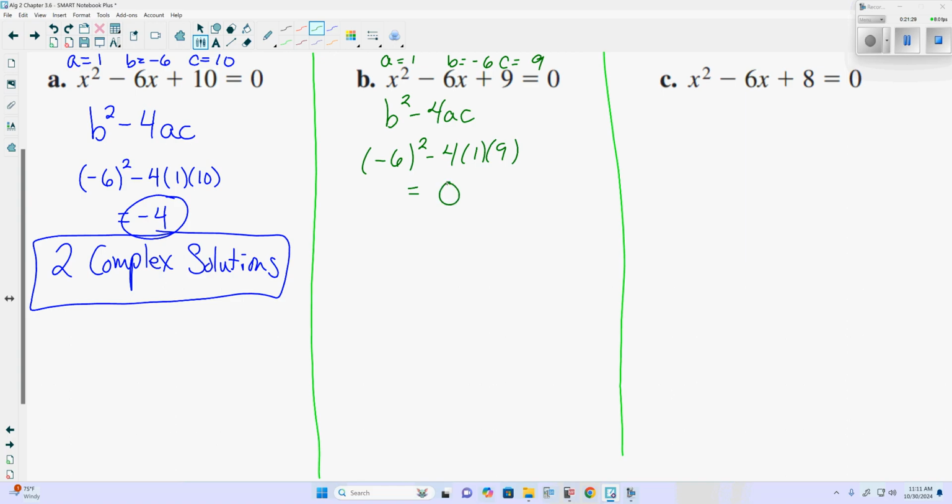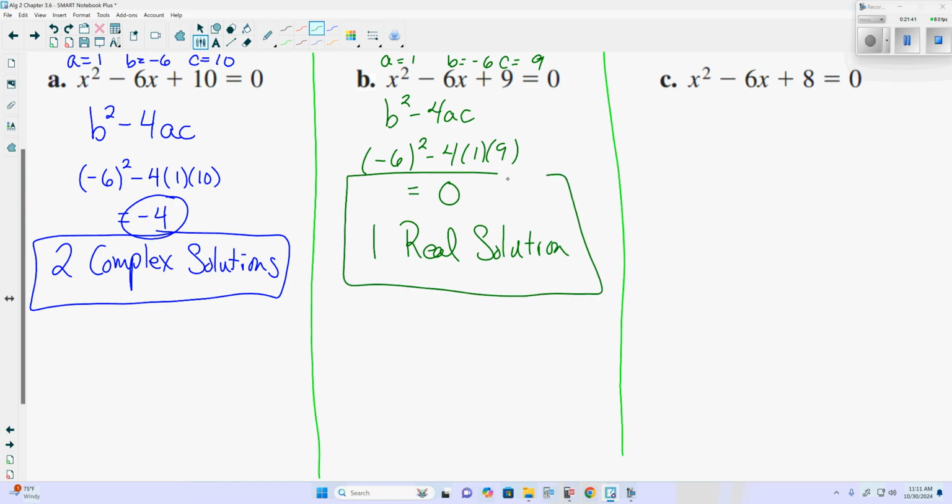So since the discriminant is equal to 0, how many solutions do we have? One real solution. Really, for this here, we could say we have one real unique solution because we technically have 2, but they're going to be the exact same solution. Questions on this here?